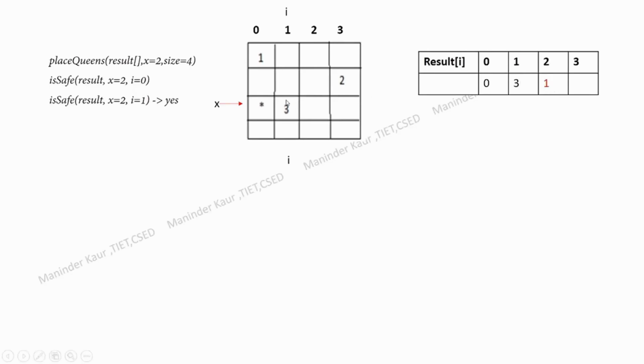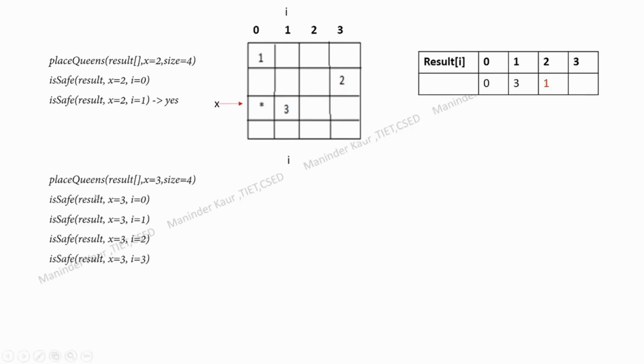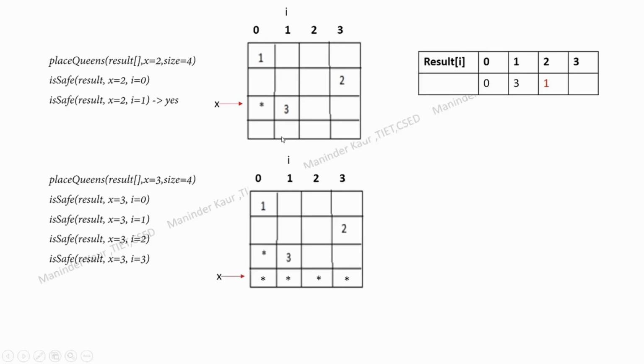This is 1. Now iterating over the next step, we have to place the fourth queen, that is index 3 queen, onto the fourth row. Now if we try to place the fourth queen in the fourth row, we can't place this queen here.